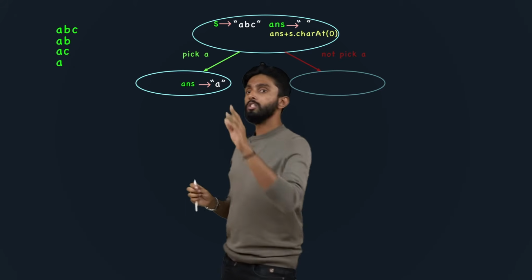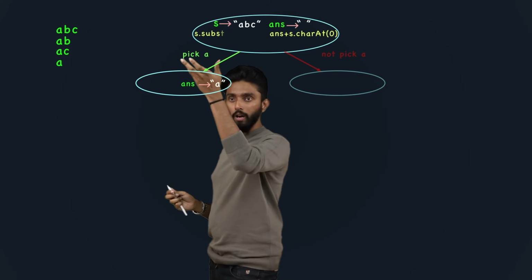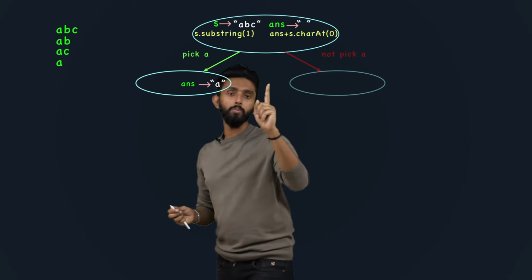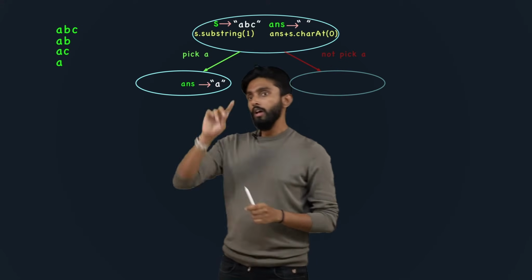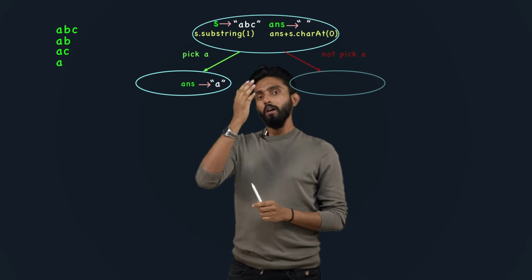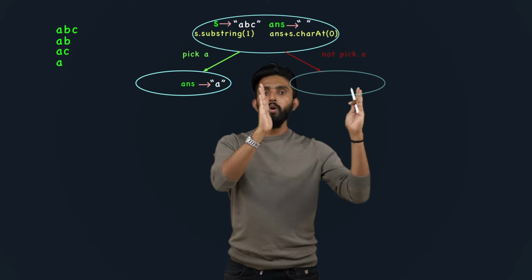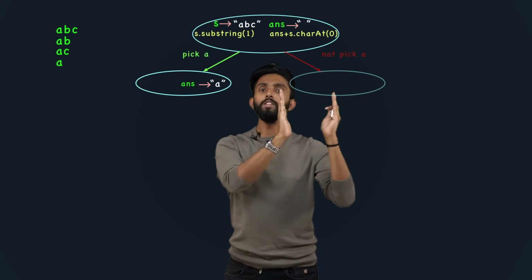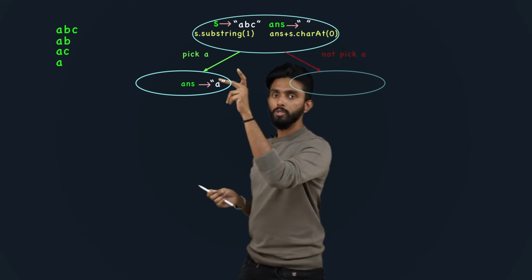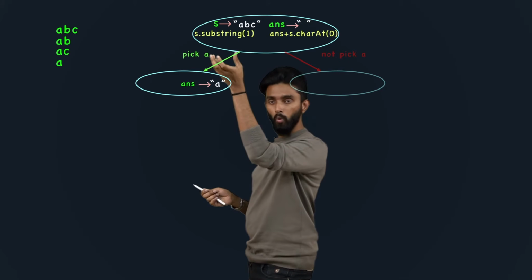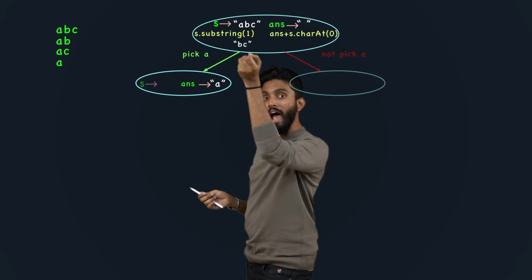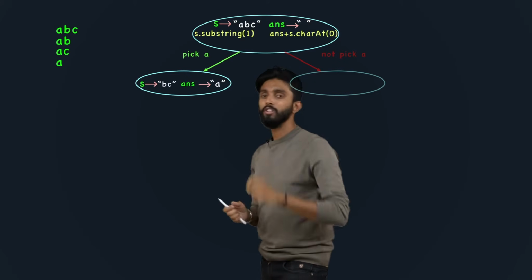Here I am trying to calculate the substring from the first position. 0 is the first character. From 1 till the end I want the string. From 1 till the end means B and C I will get. So S dot substring of 1 means A will get eliminated, and what this will give me is BC, and that I will pass as my string.